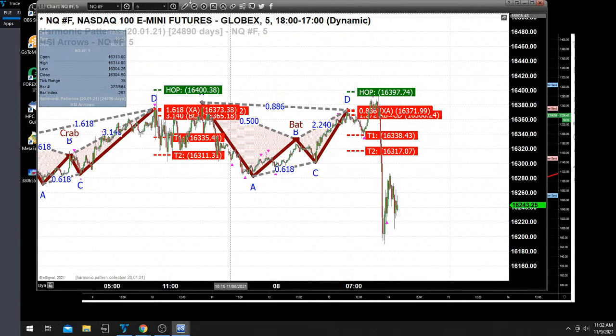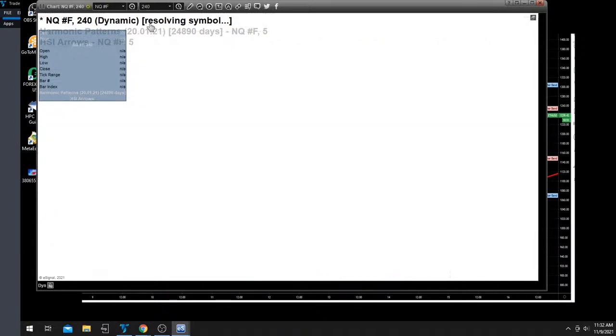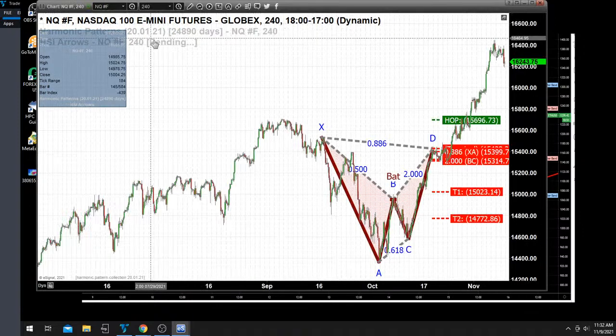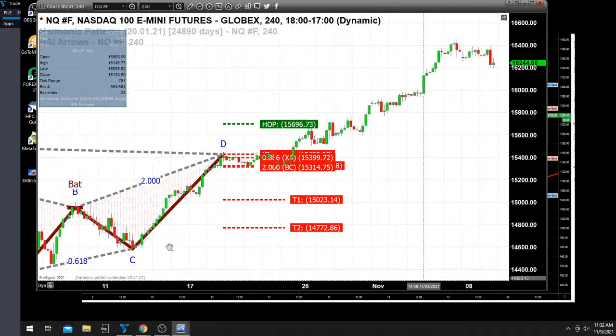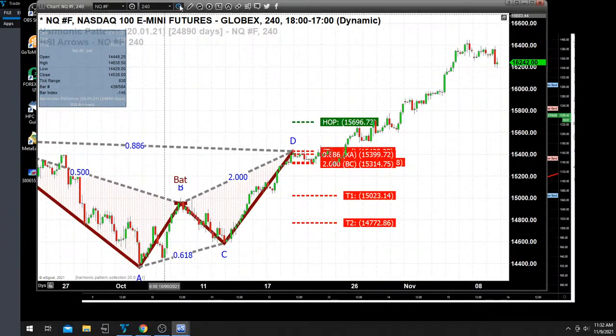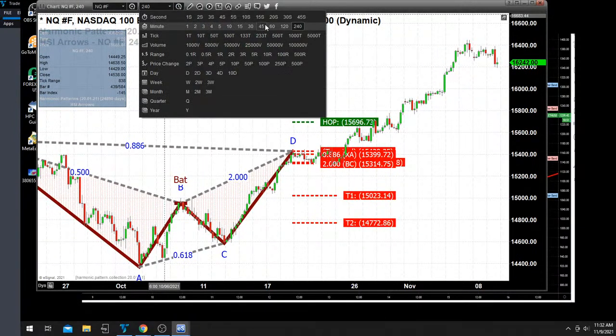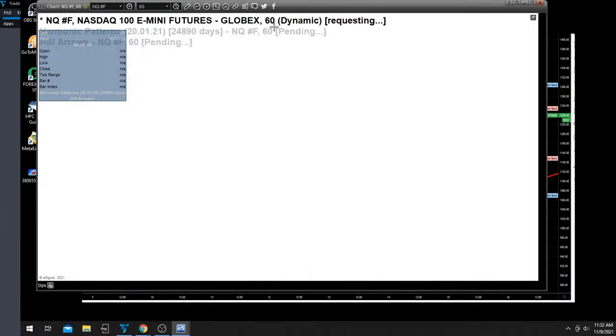What I really want to blow through today is what's going on with Nasdaq and just framing this out, looking for this thing to do any kind of a short-term pullback. Let's go to the hourly. Here you go.